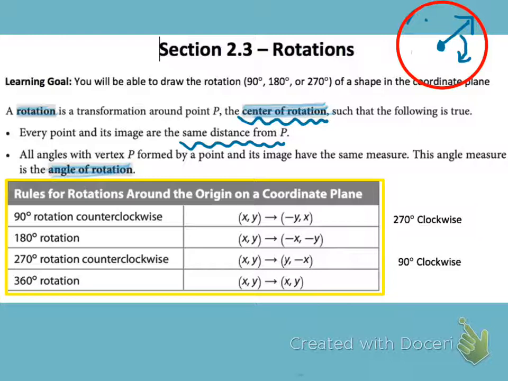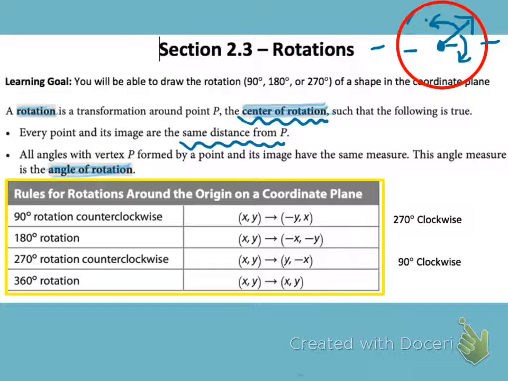So we consider the ones going in a clockwise direction negative, and the ones going in a counterclockwise direction positive. So if you were told to rotate something negative 90 degrees, it would mean 90 degrees in the clockwise direction. And if it was positive, it would mean to go the counterclockwise direction.